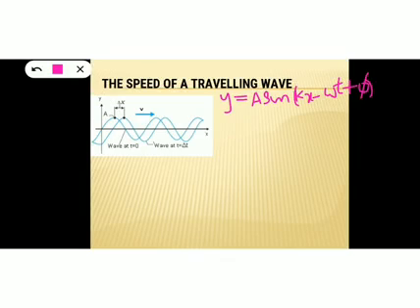Now, as the wave moves, each point on the wave retains its displacement. This is possible only if kx - ωt is a constant. Here you can see as the wave advances, first the point A was here, and after a time t, the point A has reached here.